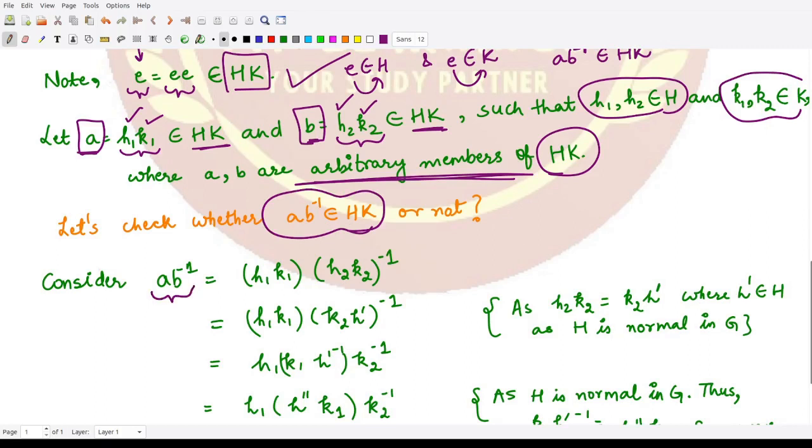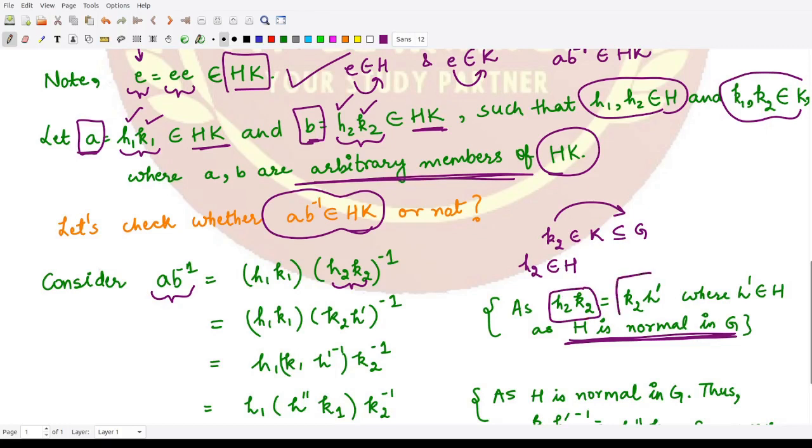What is AB inverse? Now let's substitute the value of A here, substitute the value of B here, and simplify the terms. If you take this much portion, because H is a normal subgroup of G, suppose you are taking some element k2 from G. Obviously, k2 is present in K, which is contained in G, so it is also present in G. And if we are taking h2 from the normal subgroup, then this left coset would be equal to the right coset, where this member could be different from the earlier member.